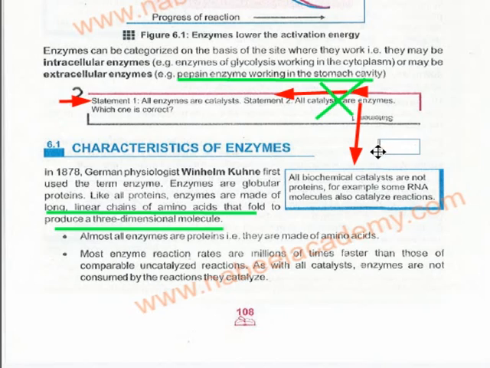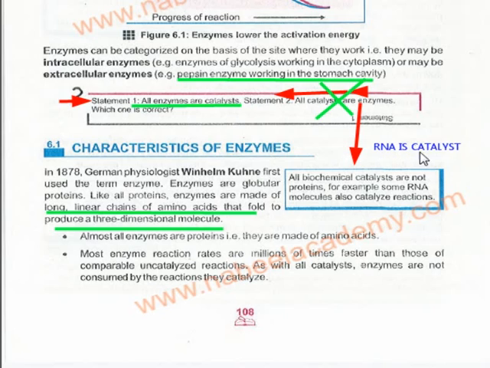It is a catalyst. Yes, RNA is a catalyst, okay? But this catalyst is not an enzyme. Now you get my point. All the enzymes are catalysts, yes, but all the catalysts are not enzymes.